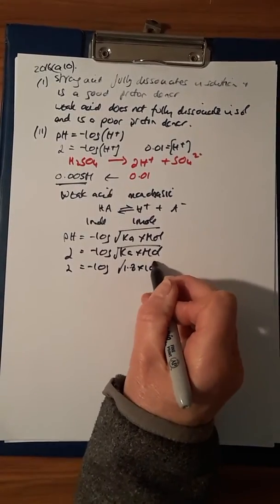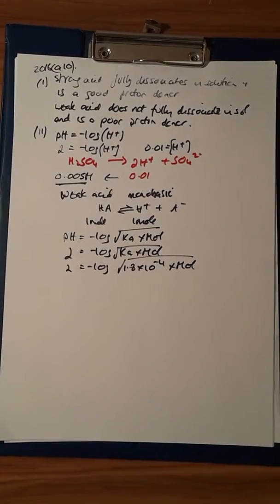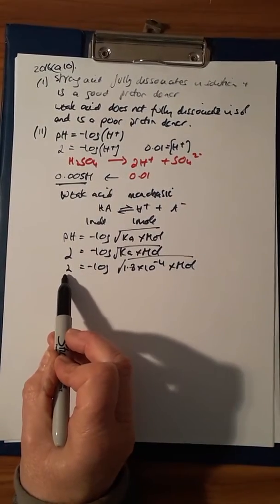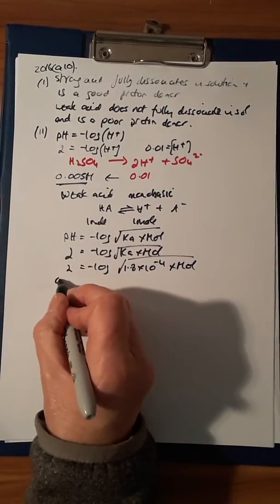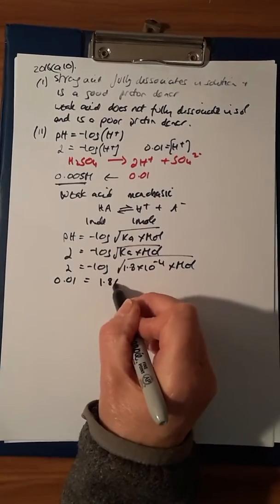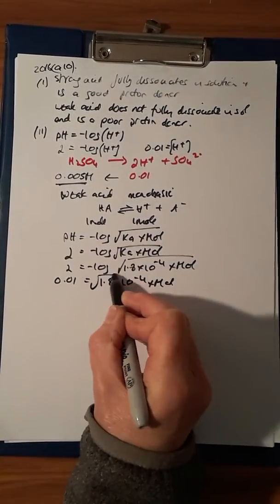So it's 1.8 by 10 to the minus 4 multiplied by the molarity. If I get the anti-log of minus 2, that will give me 0.01.